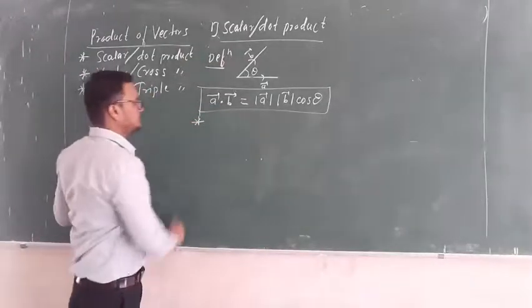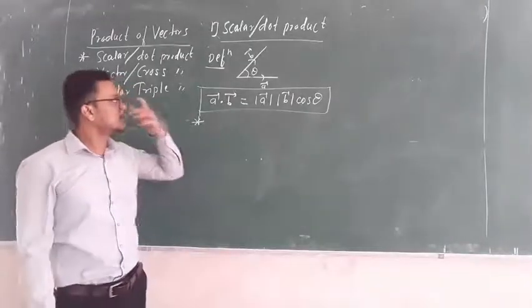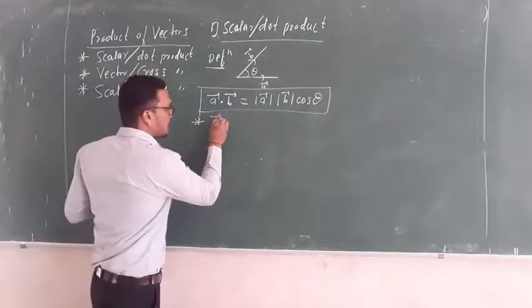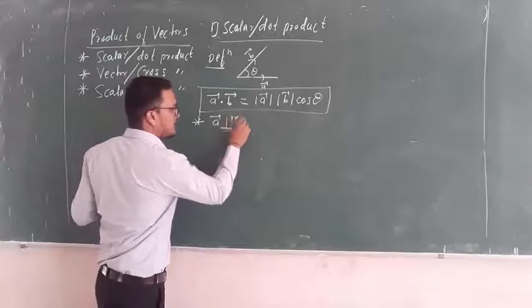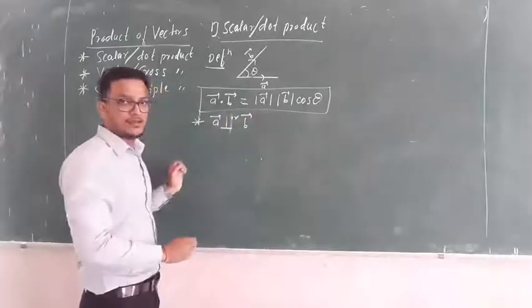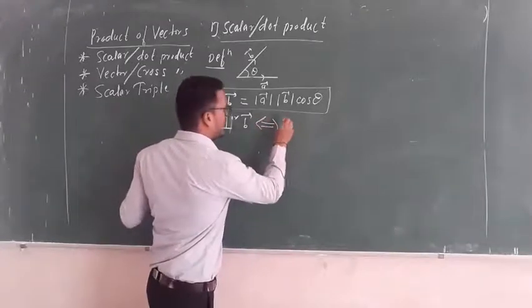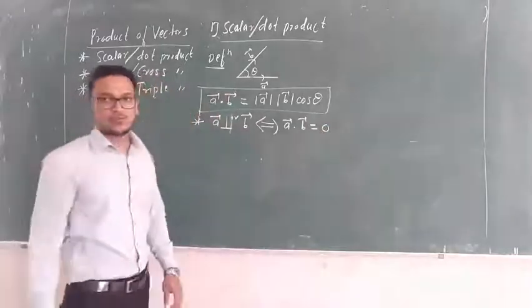Now we are going to learn some observations of this scalar or dot product. First observation: vector A is perpendicular to vector B if and only if vector A dot vector B is equal to 0.